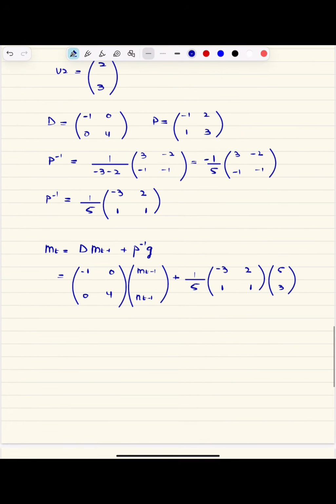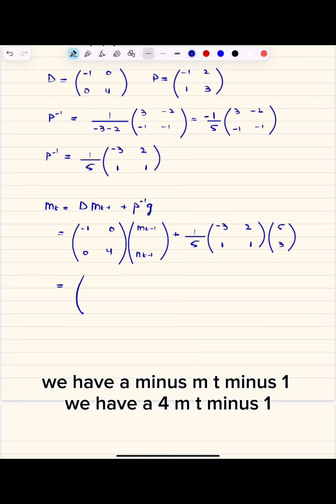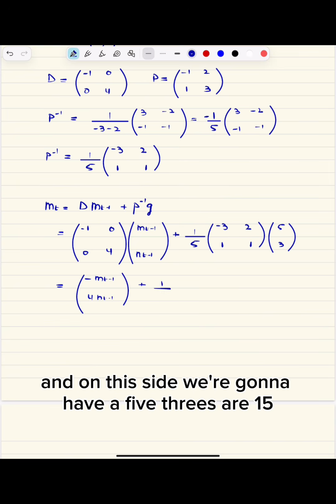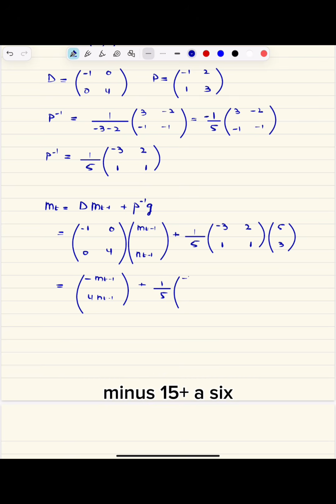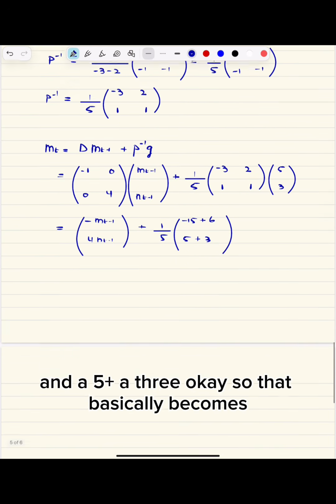Okay. So then we have minus m_{t-1}. We have 4 n_{t-1}. And on this side, we're going to have 5 3s are 15, minus 15 plus 6, and 5 plus 3. Okay.